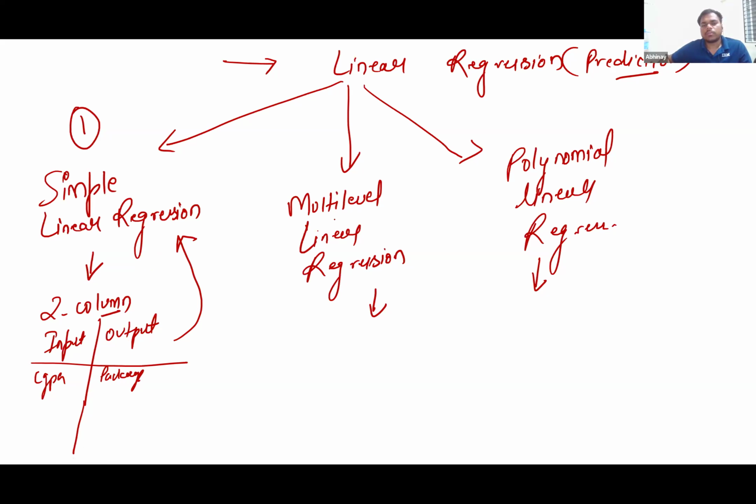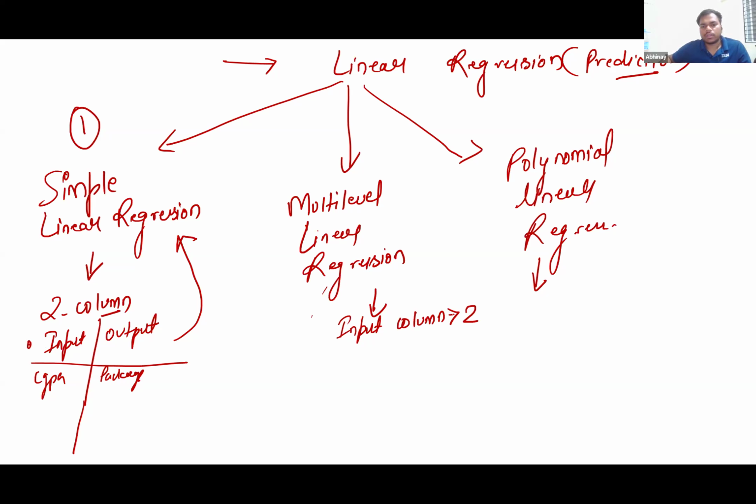Now, if we talk about multiple linear regression, in what scenarios or conditions do we need to apply it? Whenever you have more than one input column. Right now we are having only one.